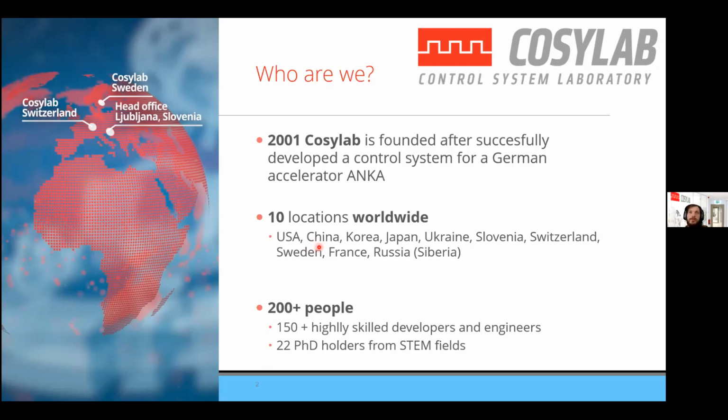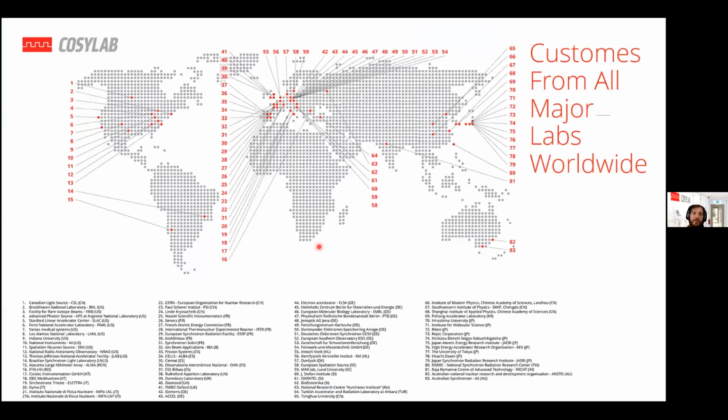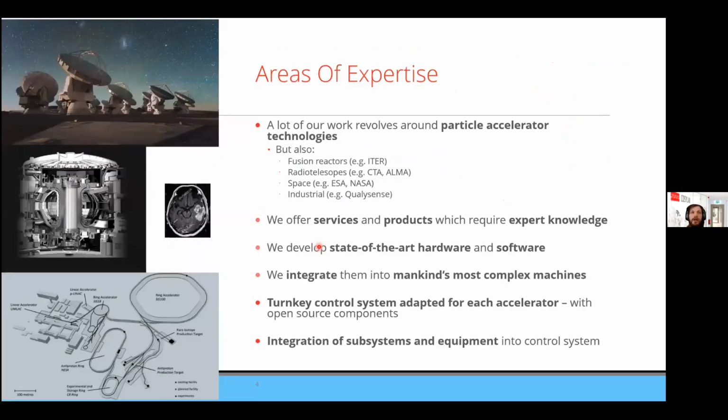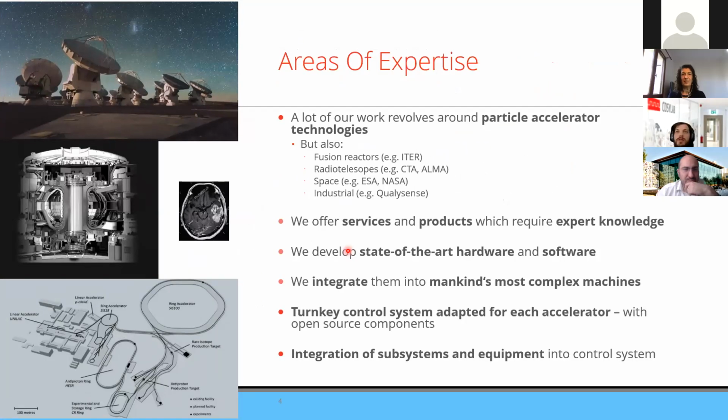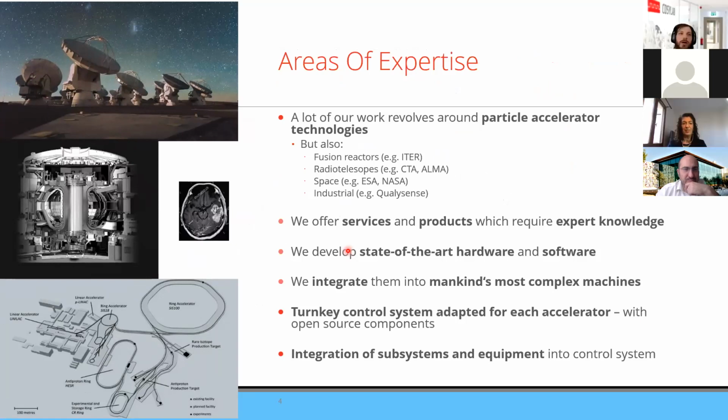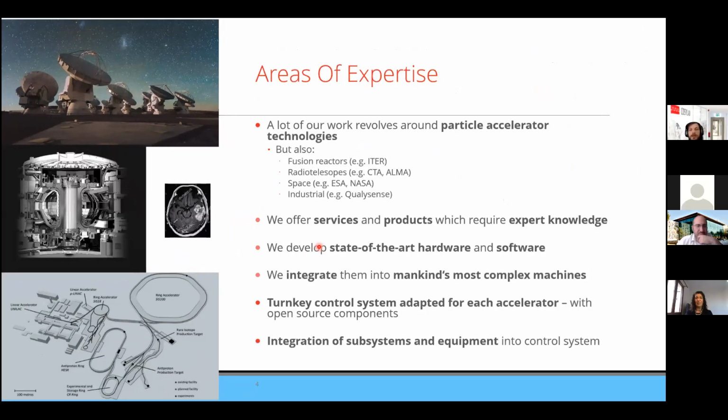This is our footprint in control systems all over the world. We've been involved in quite a lot of projects, and our area of expertise is particle accelerators, but we shifted to other quite hard technologies.